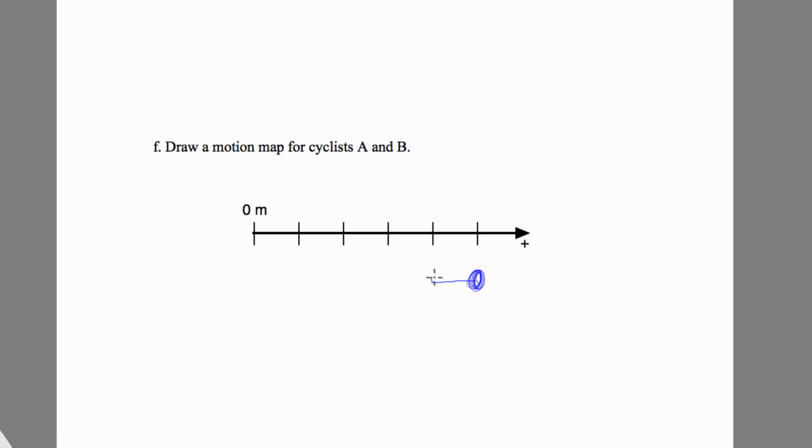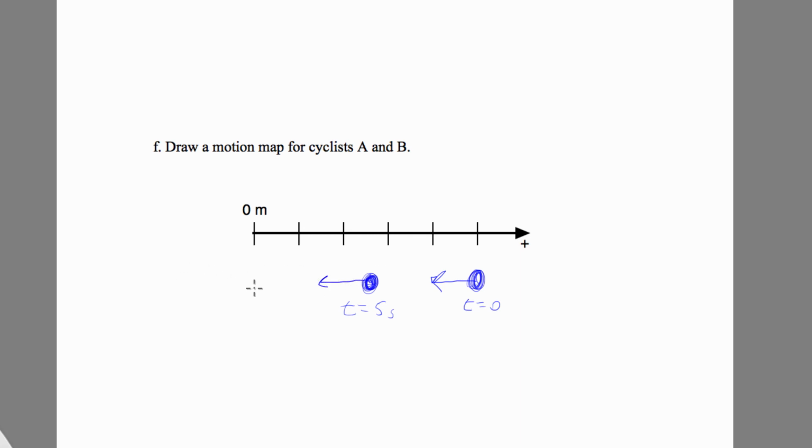I know he's moving that way. And then there's a location somewhere. I'm going to have a dot for every 5 seconds. So this is at t equals 0. This is at t equals 5 seconds, because I know something special happens at 5 seconds, and he's still moving that way.